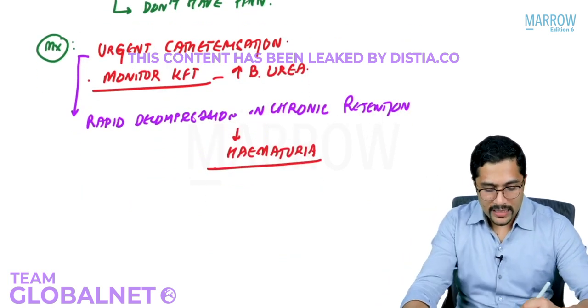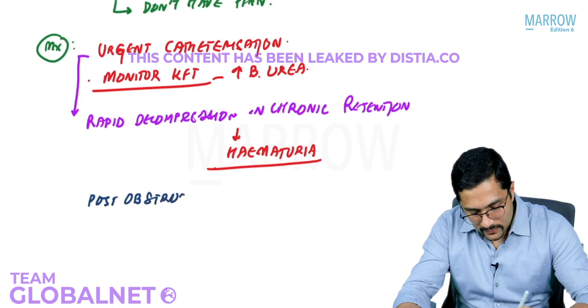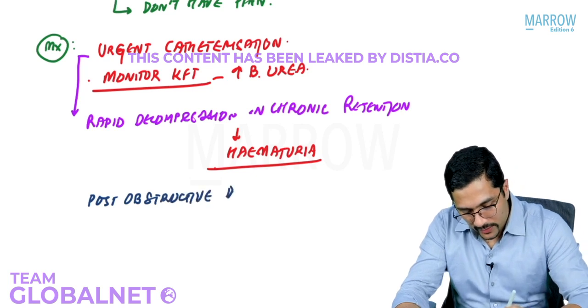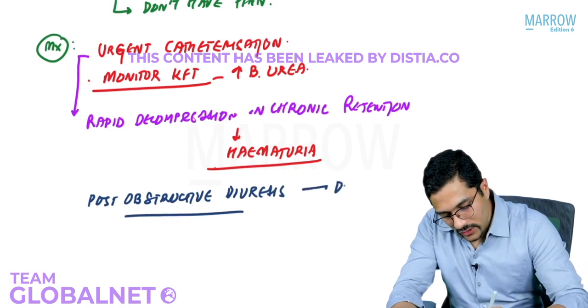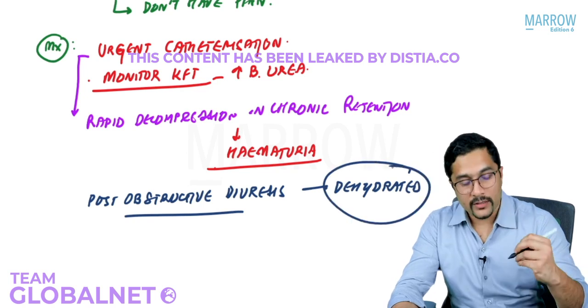Now, one more thing which happens is that these patients have post-obstructive diuresis. So these patients can actually become dehydrated, or they can be dehydrated to start off with.